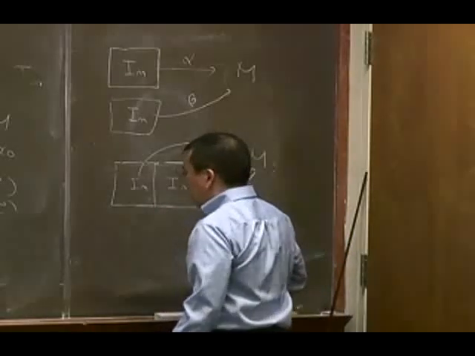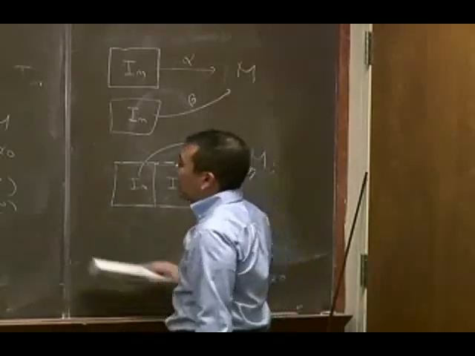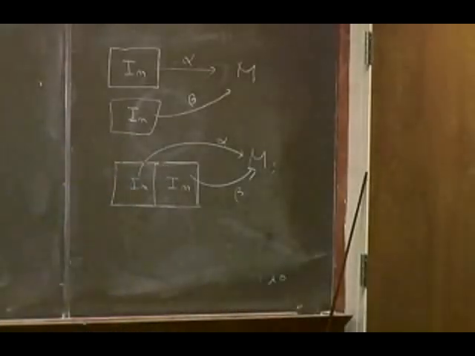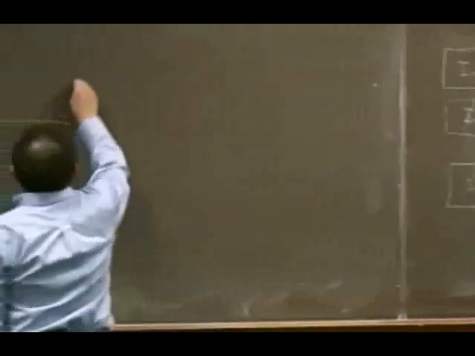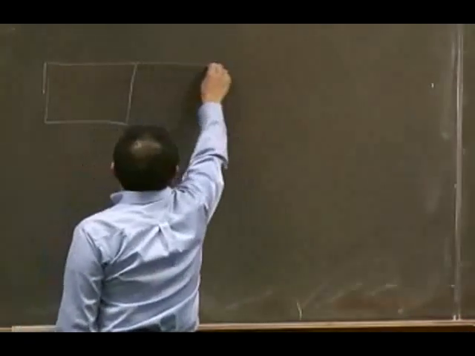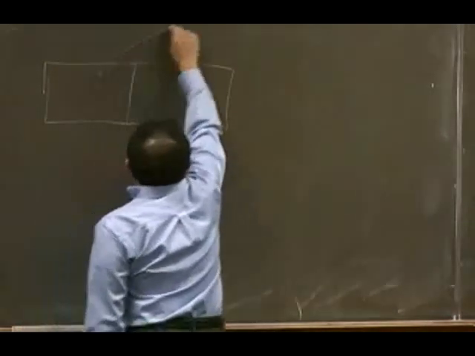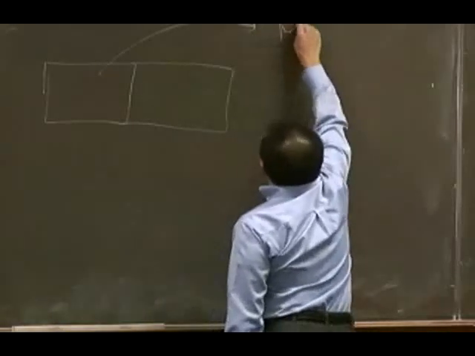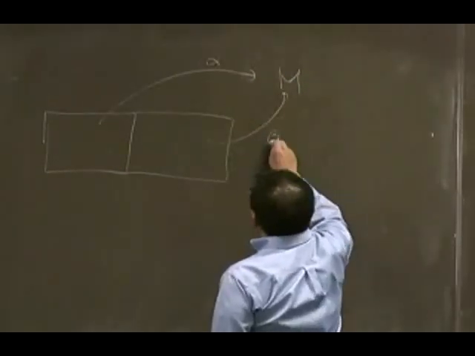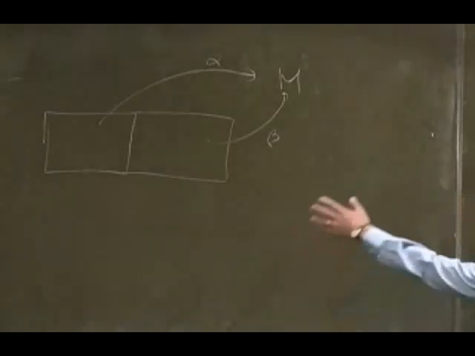So let's see if I have time to explain that. I'm going to come to this part of the blackboard. What I did was to consider two maps. This one maps to M, and this one maps to beta. But then suppose you multiply the two like that.